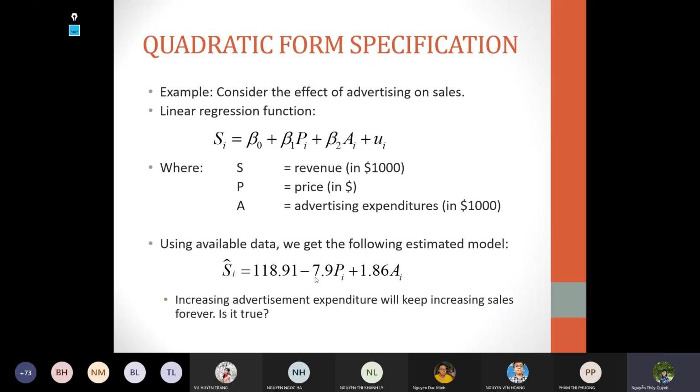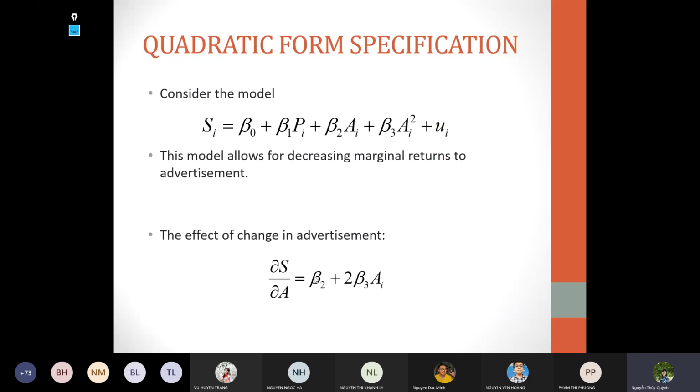In that case, you have to use a model that shows a nonlinear relationship. To test the diminishing marginal effect of advertising on sale, we can use a quadratic model between sale and the advertising expenditures.